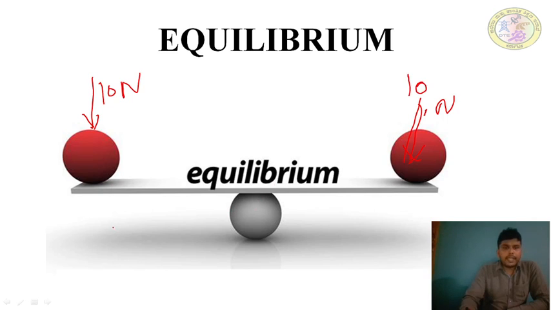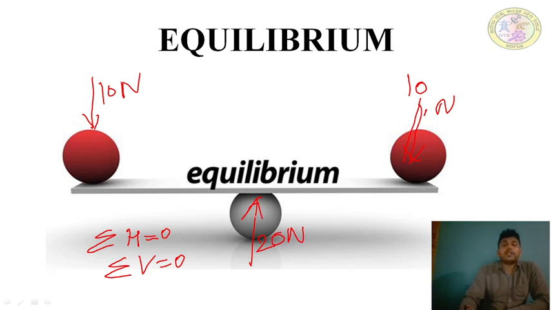To get sigma h equal to 0, there is no horizontal force here, and for sigma v equal to 0, to make the vertical force 0, the weight of this sphere is 10 Newton and this sphere is 10 Newton, then the reaction formed will be 20 Newton. Then only the body, the setup, will be in equilibrium condition.